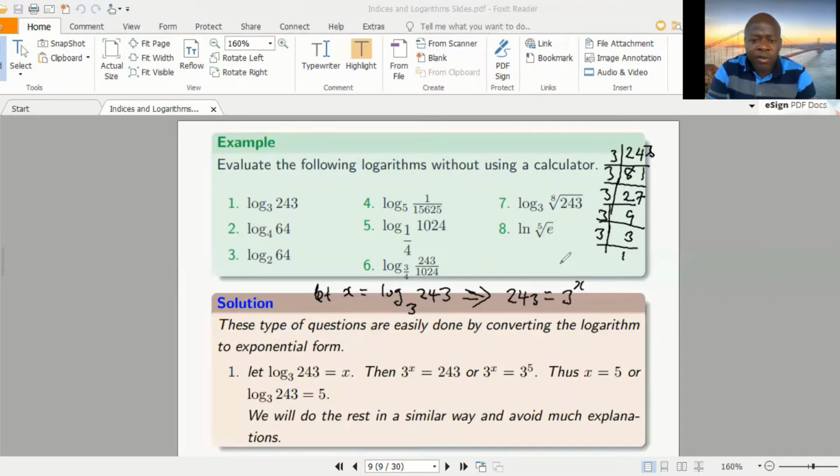So 243 is just written as 3 raised to what? 1, 2, 3, 4, 5. 3 raised to 5.